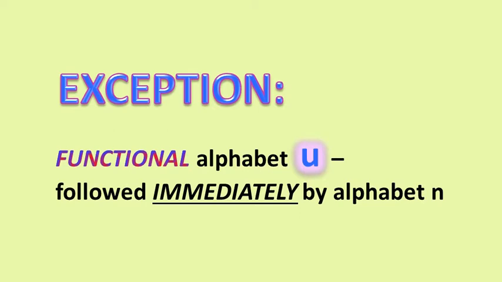That is, as simple as the U sound, except when it's followed immediately by alphabet N. Then, the combination of alphabet UN is pronounced with a spoken vowel between them. And you have to remember this, the combination of the alphabet UN.